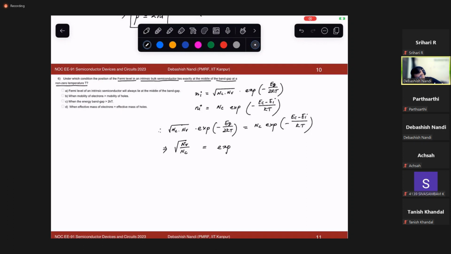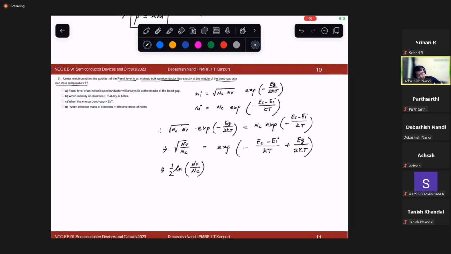equal to exponential minus Ec minus Ei by Kt, and this will be plus Eg by 2Kt. So it will be ln Nv by Nc.